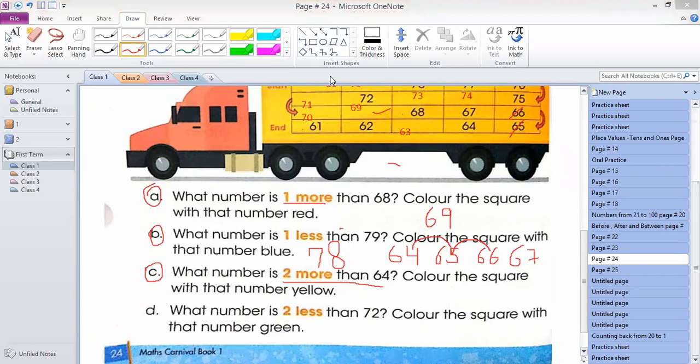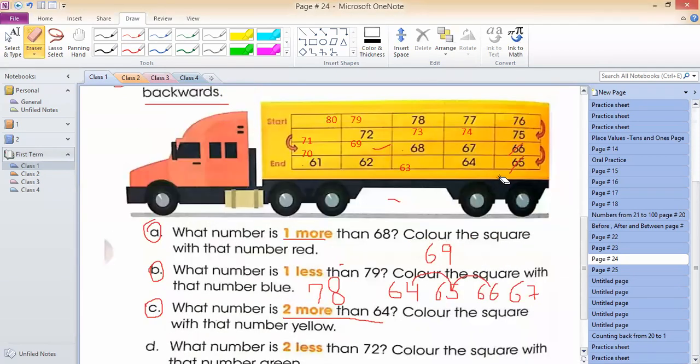Yes. That's very good. So the number which is 2 more than 64 is 66. How do you know, guys? You check where is 64. This is 64, right? Because you are finding 2 more, so 1 and 2, you will count up to 2.